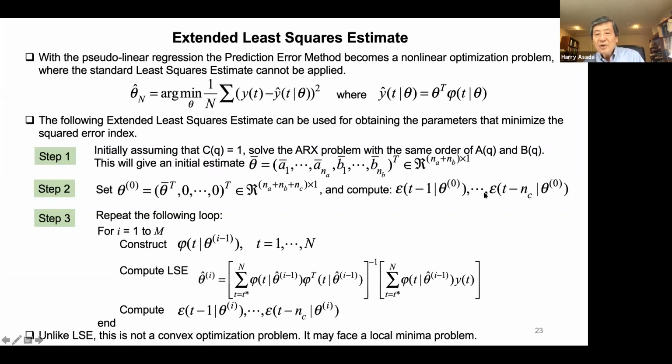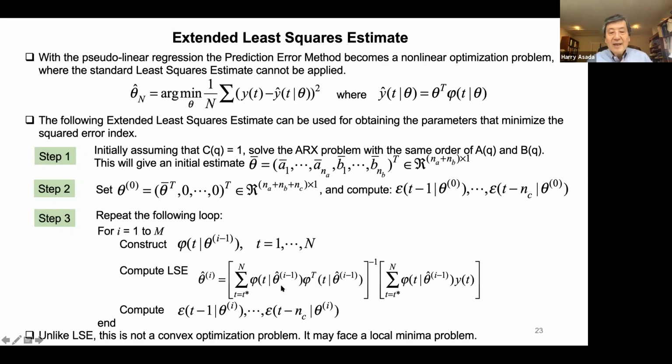All these are constructed with the assumed initial parameter theta, superscript 0. With this, at the first round, we can solve the least square estimate. We do this m times. We construct this, and then the least square estimate gives a unique solution. We compute this using phi t with the previously determined best parameter values.